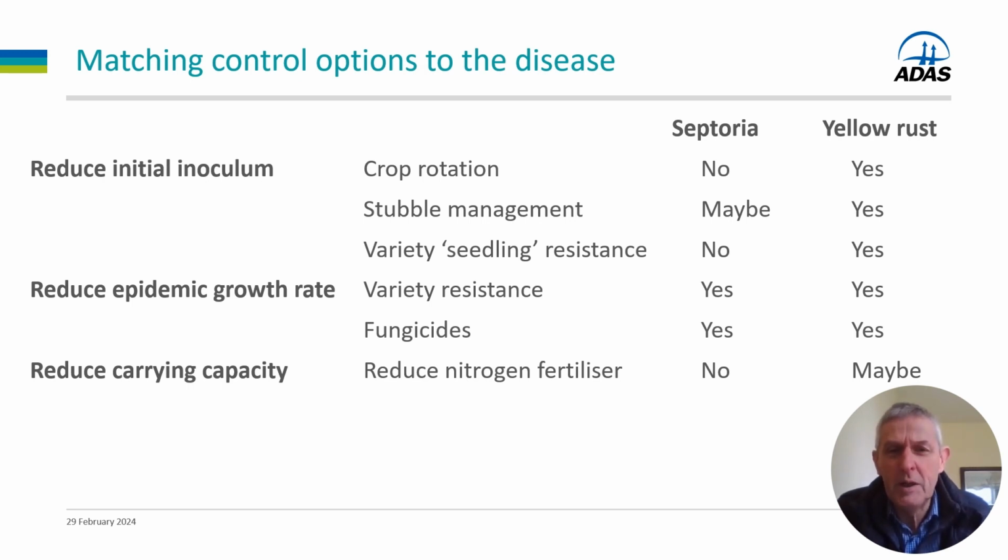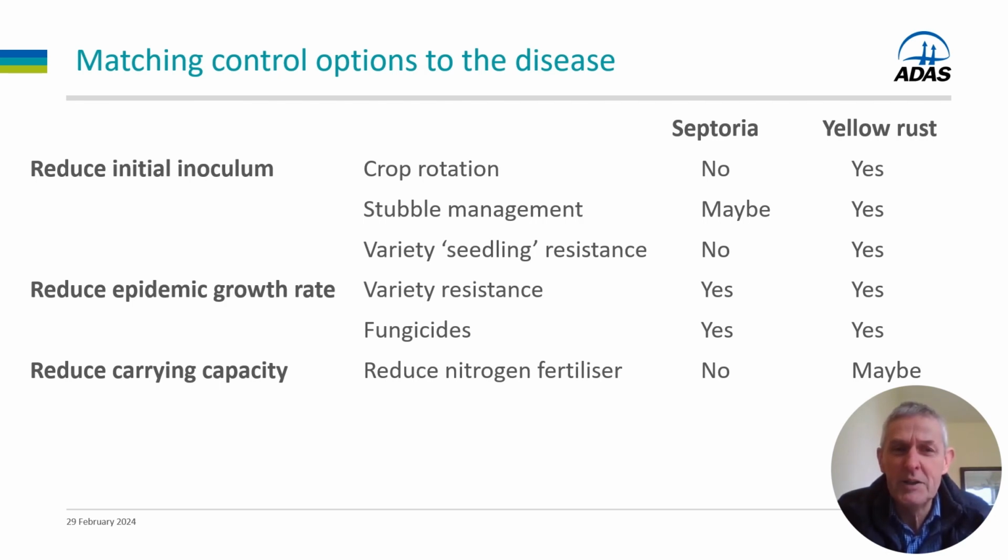If you think about stubble management, in theory, if we all ploughed and buried the stubble, we would actually reduce the amount of ascospore production, but the effect would be relatively small, and pretty much everybody would have to do it in order to have an effect, because of the effective long distance dispersal, and we would burn an awful lot of diesel to achieve that.